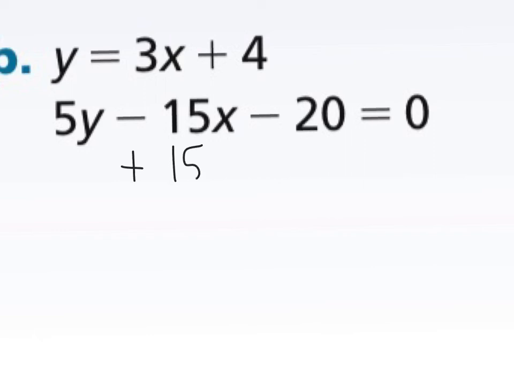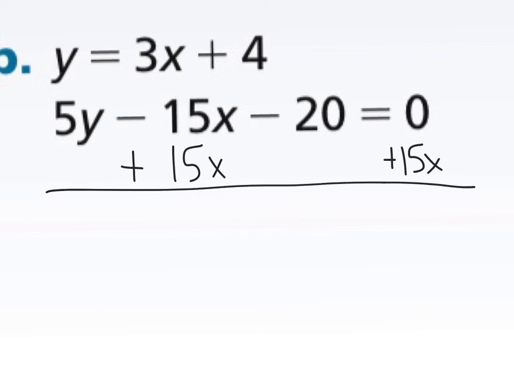So one thing we can do, first of all, we can add 15x on both sides of the equation. It's up to you. I'm going to go ahead and do it here. This is a little bit of doing multiple things on the same step, but you can also add 20 on both sides on the same step.